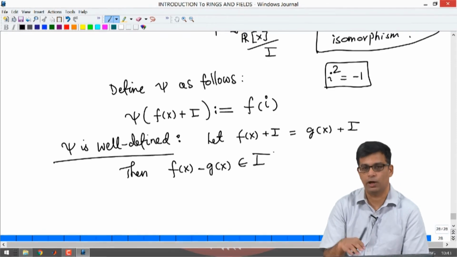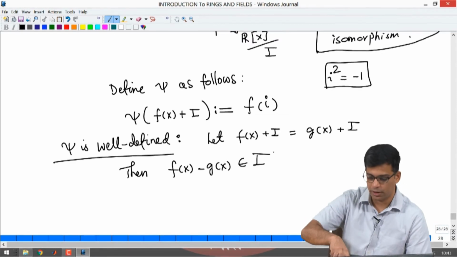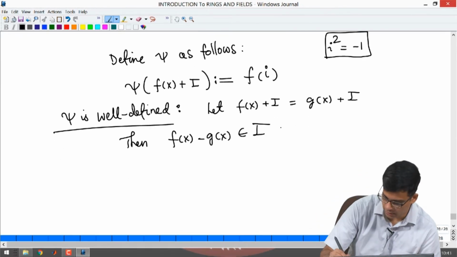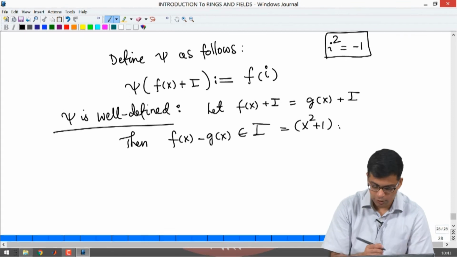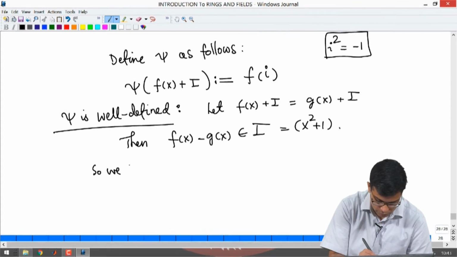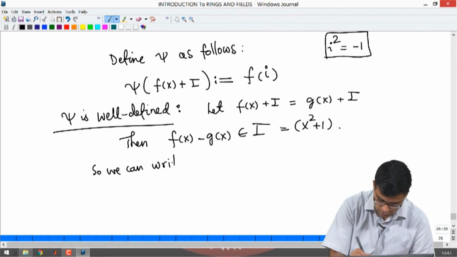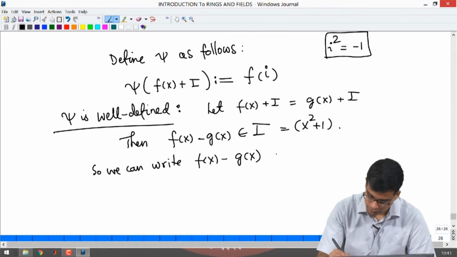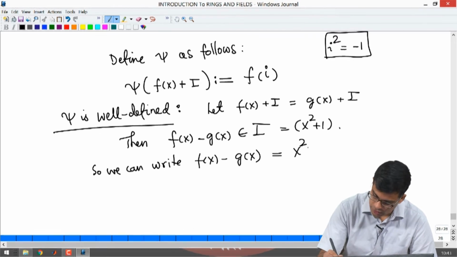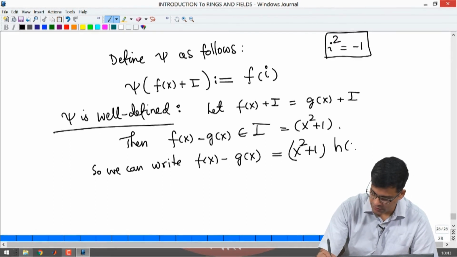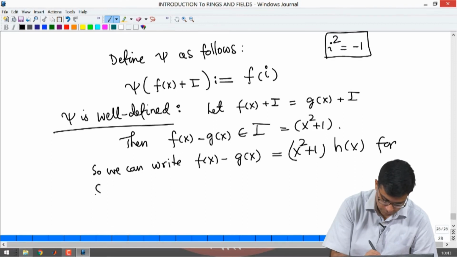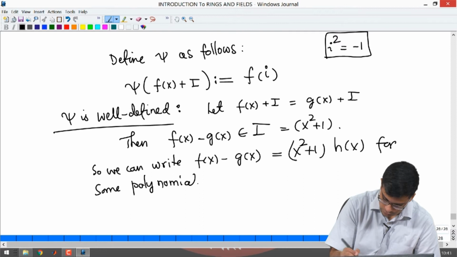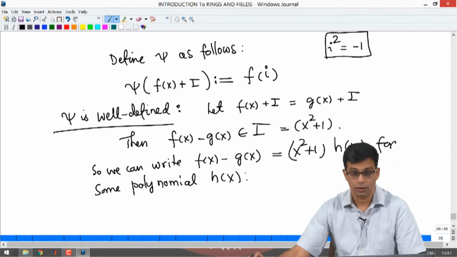By definition of equality of cosets, if two cosets are equal, the difference f minus g is in I. But what is I? I is (x squared plus 1). So, we can write f(x) minus g(x) is equal to (x squared plus 1) times h(x) for some polynomial h(x) in R[x].